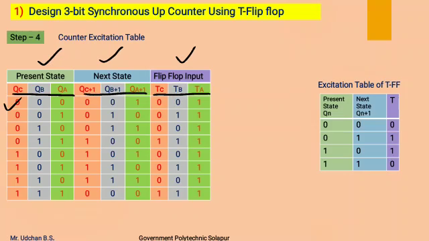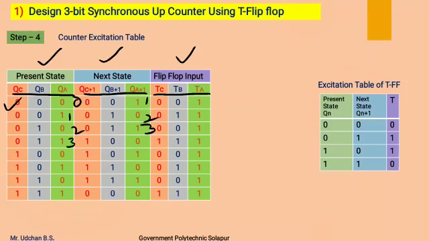Its next state will be 001, meaning the count of this is 0 and its next count will be 1. Now here present state is 1, its next state will be 2 as it is an up counter, so 2 can be written as 010. Now present state is 2, its next state will be 3, which is written as 011.